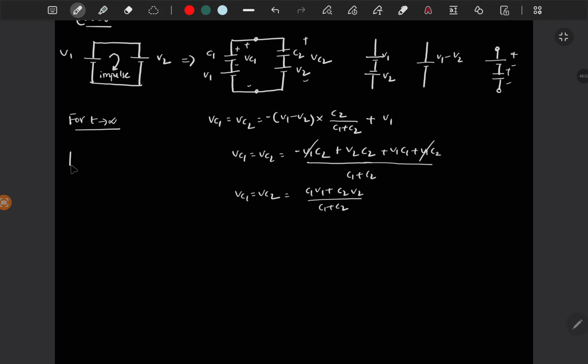So both the capacitors are open and have the same voltages. If you replace those two capacitors with high impedances, then you will get the same expression. Here I have solved for Vc1, you can solve for Vc2 also.